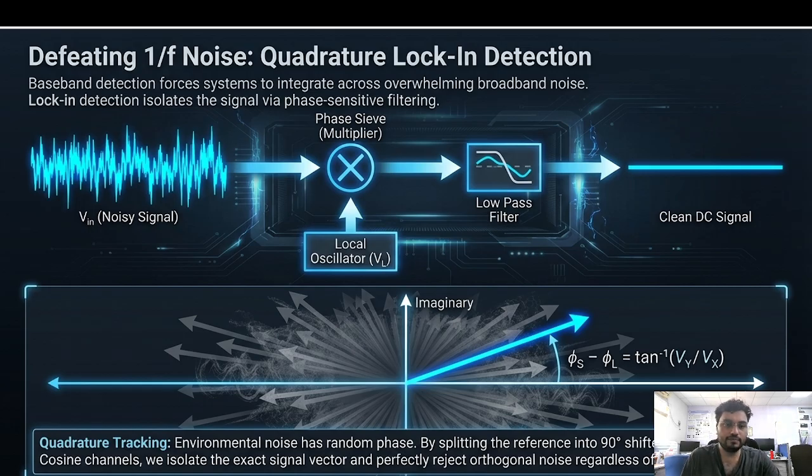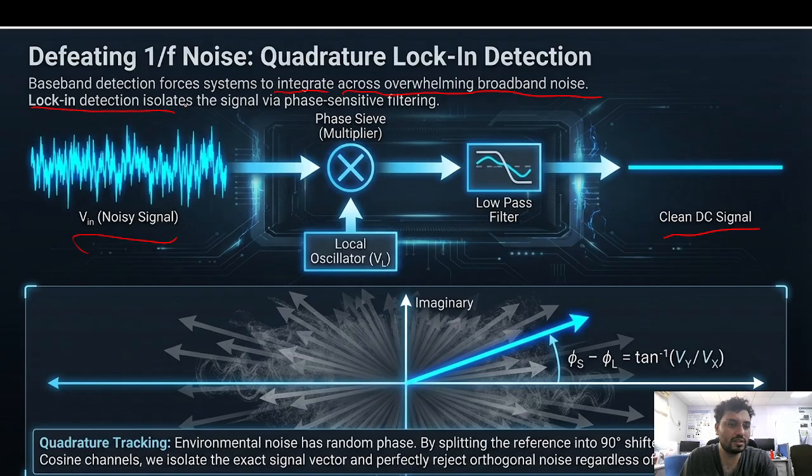Here we are discussing quadrature lock-in detection. Why? Because we need to mitigate all these noise sources and get a clean digital signal. To get from a noisy signal to a clean one, we need proper lock-in detection. For that, the baseband detection forces the system to integrate across overwhelming broadband noise.